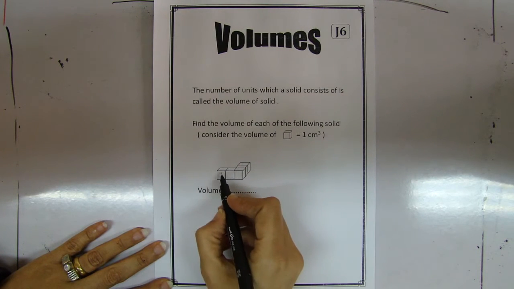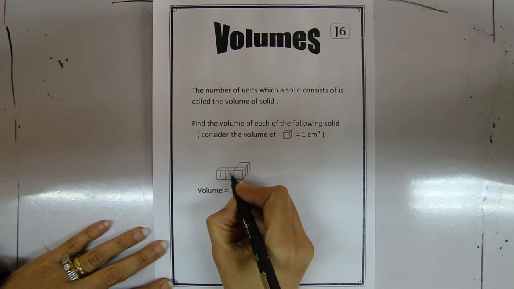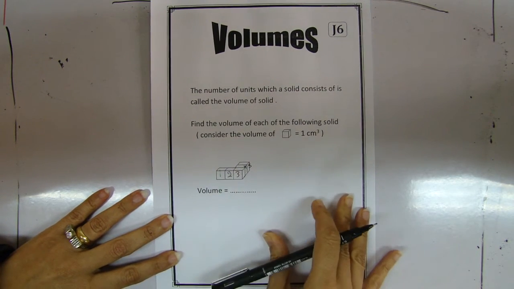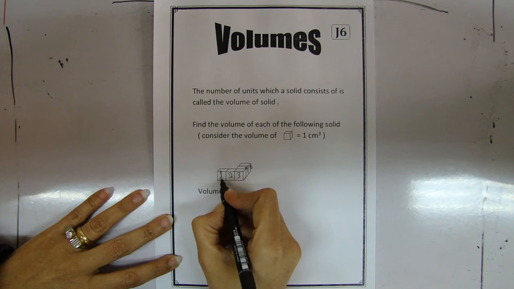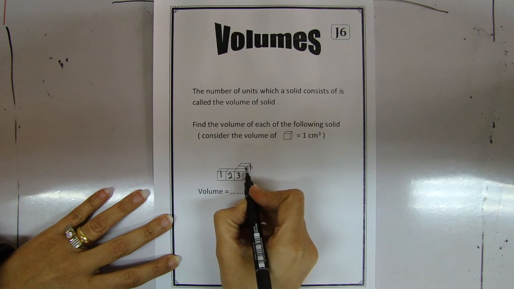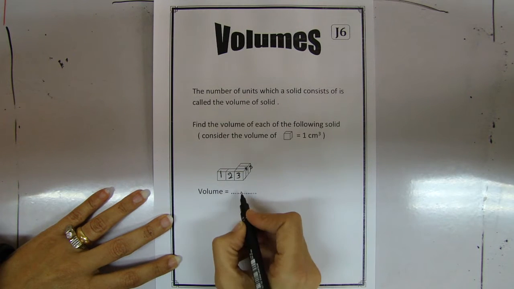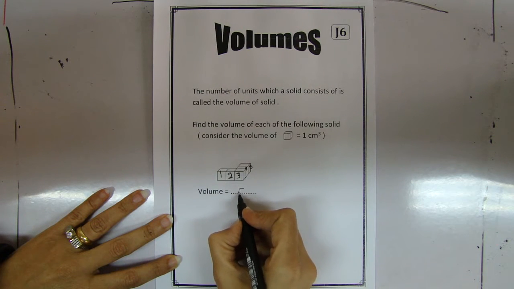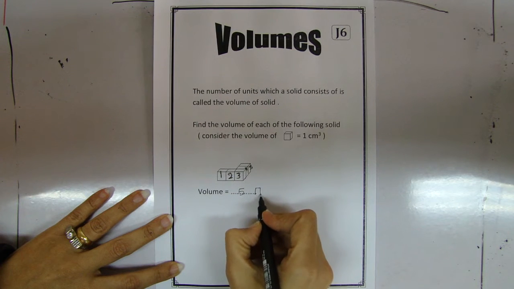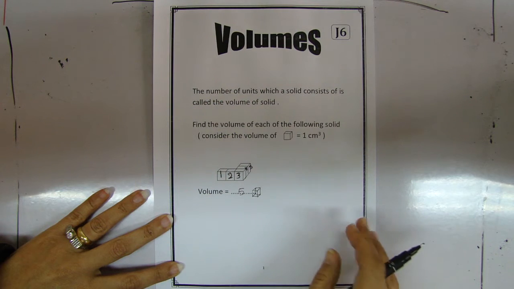We count now 1, 2, 3, 4, 5. Then volume equals 5 cubes or 5 cubic centimeter.